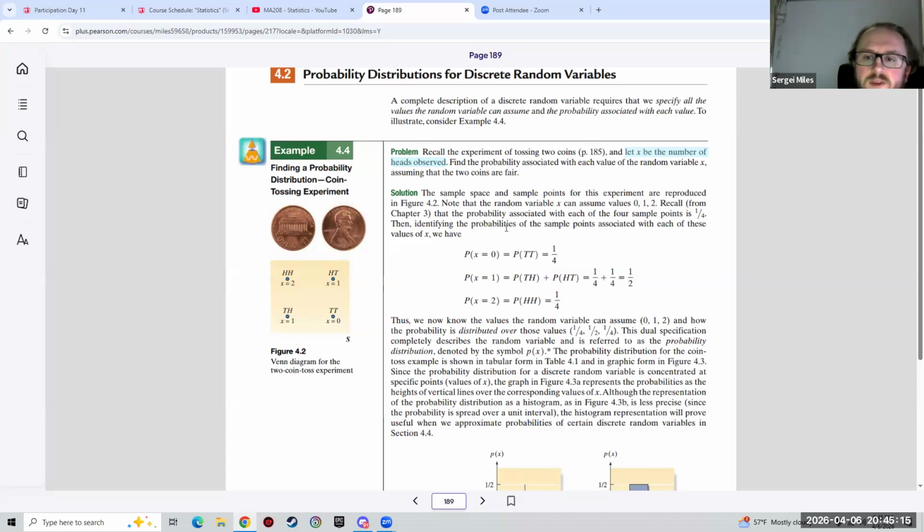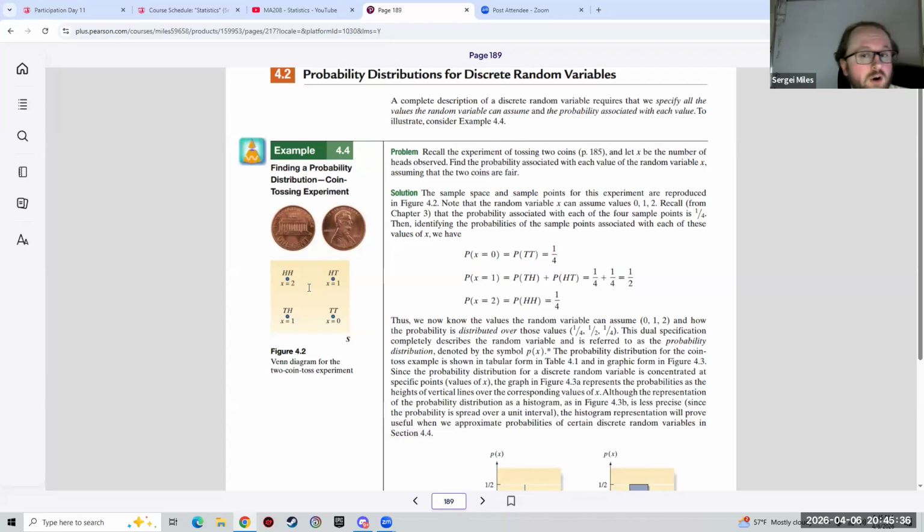All right. So with this kind of simple example, we can see all the possible sample points. We assign a value for x based off of the sample points, and then we find probabilities, where in this case, we're assuming each sample point is equally likely. Now, that's not always the case.